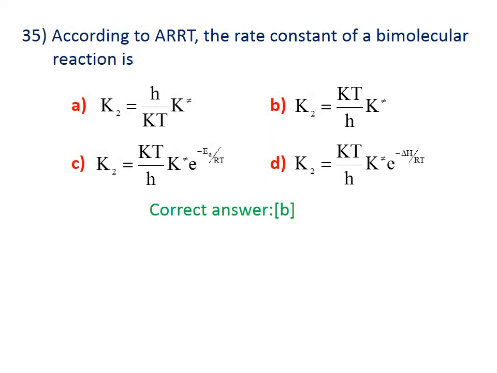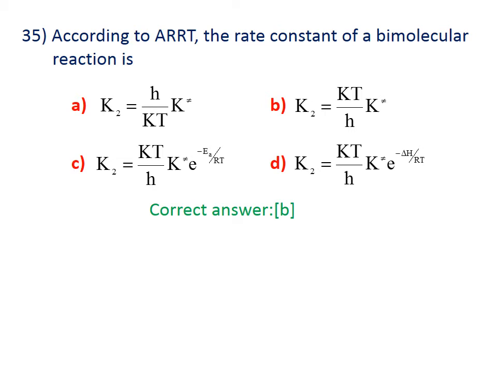35. According to Eyring theory, the rate constant of a bimolecular reaction. Here we have to consider the relation between the rate constant and the equilibrium constant. The correct option is B. The rate constant will be equal to kT by h into K double dagger. Here k2 is the rate constant, k is the Boltzmann constant and K double dagger is the equilibrium constant.